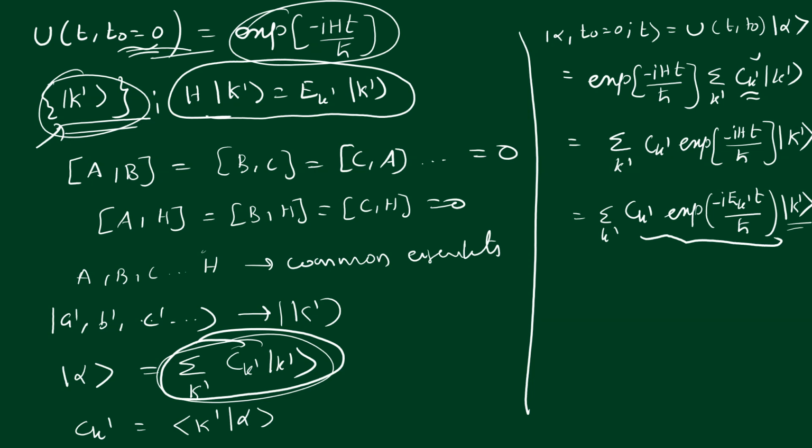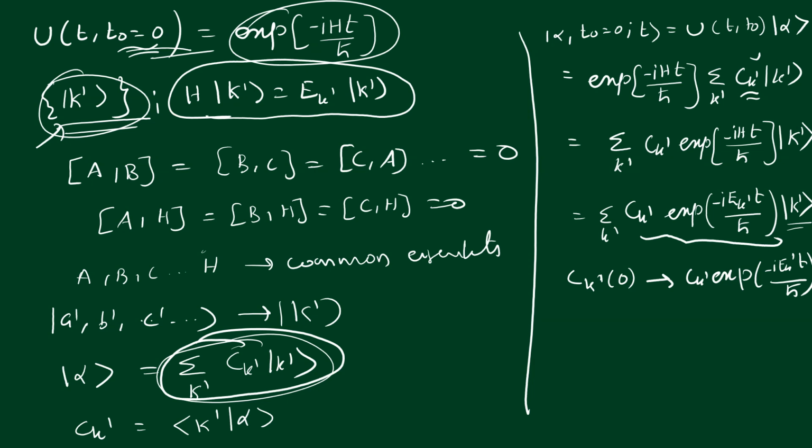So the problem of time evolution is easily solved, because the only thing that's happening here is that the expansion coefficients at time t equal to 0 become ck prime exponential minus i E k prime t divided by h bar.